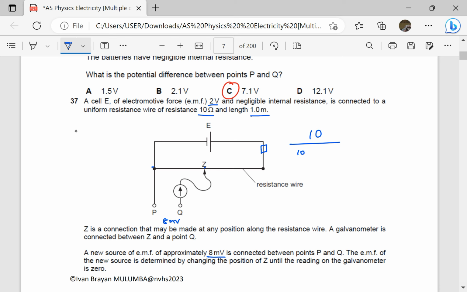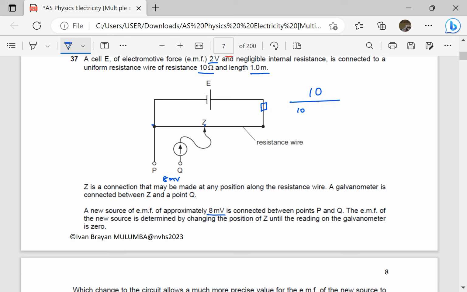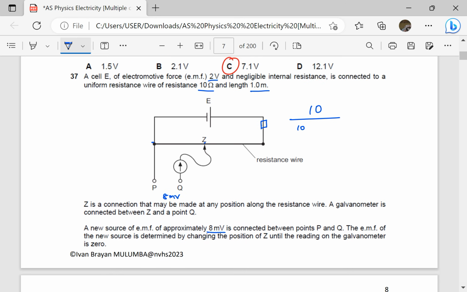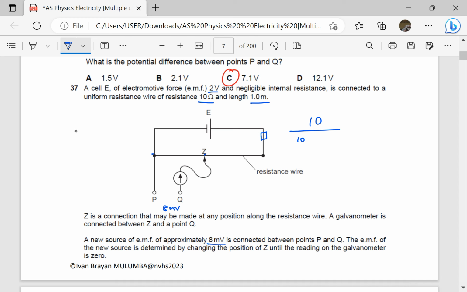No, not 10, it will be 0.1. How should I simplify this? So if this is 2 volts, this is approximately 2000 millivolts.